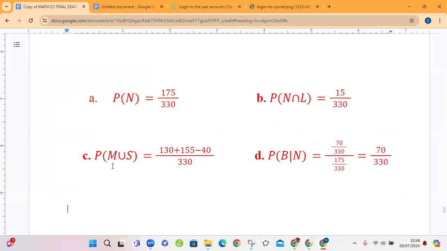What about the probability of finding a student who scored more than 70% or is from the social sciences? So here we have to use the addition rule for probabilities. So we need to find P of M plus P of S minus P of M intersect S over the grand total.